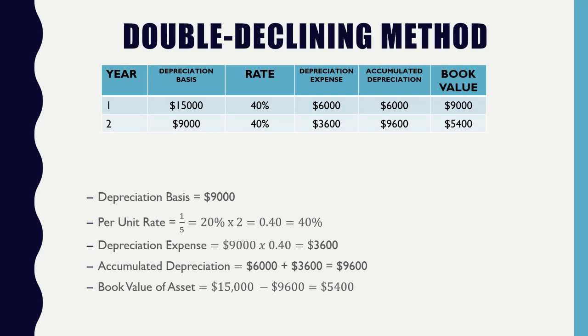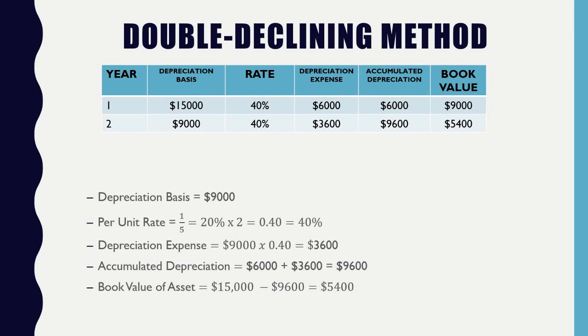So what is 40% of 9,000? It's another 3,600. And notice this. We add those two together to now give us a new book value at the end of year 2 of 5,400.